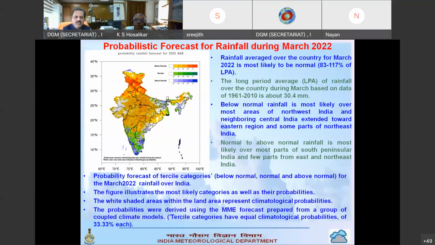Otherwise, remaining parts of the country, there is a probability of below normal rainfall activity. Here, yellow and orange color indicates below normal rainfall activity, and light blue to blue color indicates the above normal rainfall activity, and light green to deep green color indicates the normal rainfall activity.